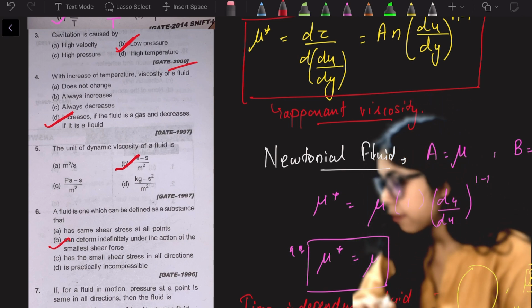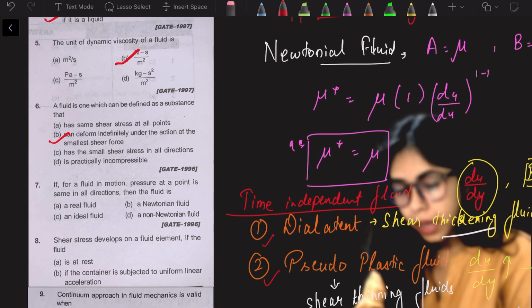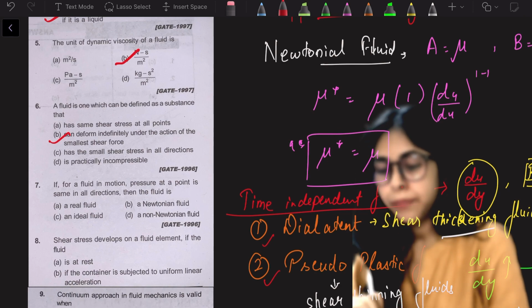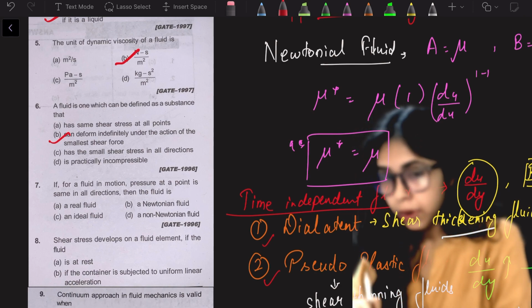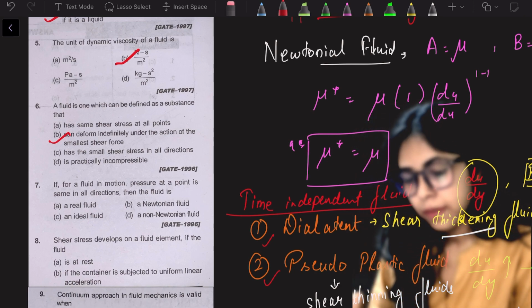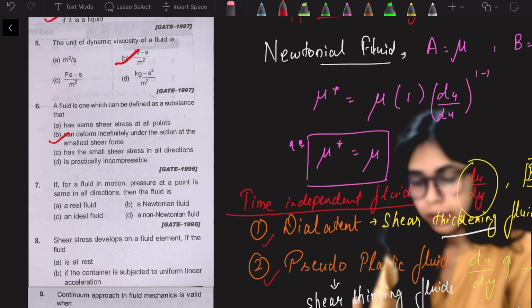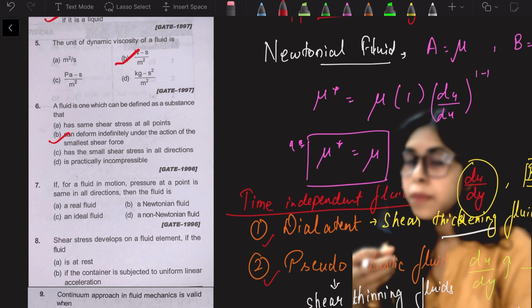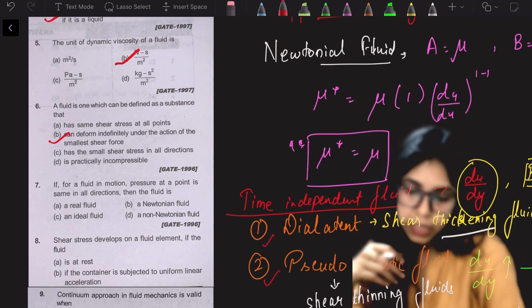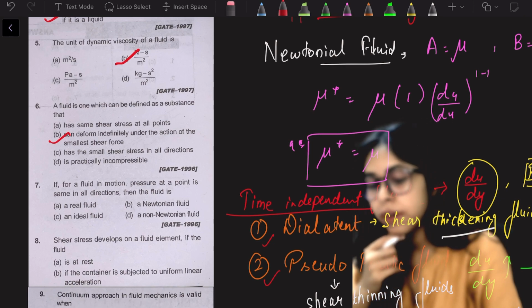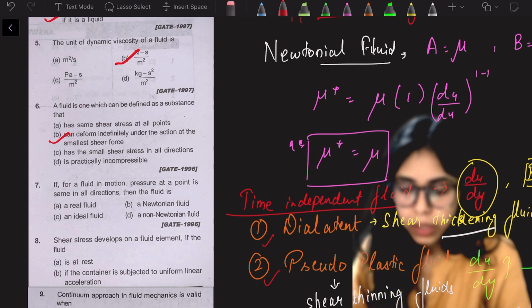Now question number 7 is, if for a fluid in motion the pressure at a point is the same in all directions, then the fluid is, which type of fluid can it be? Is it a real fluid, a Newtonian fluid, an ideal fluid or a non-Newtonian fluid?